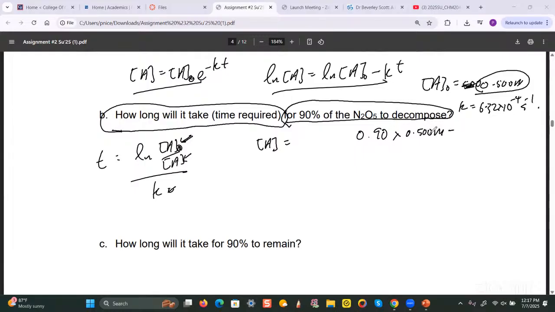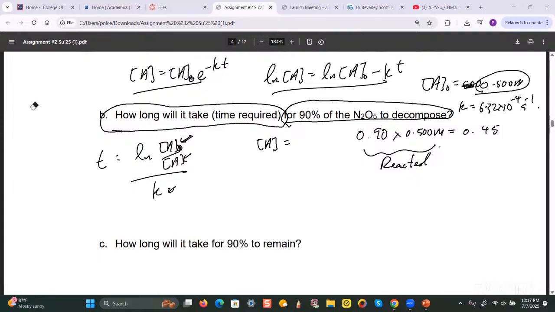So this represents the amount that reacted, right? So that gives you what? 0.45. And then you subtract that from 0.500.